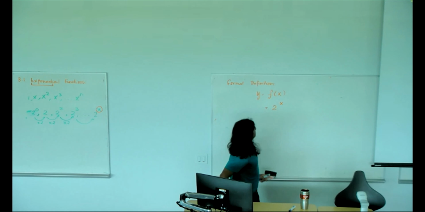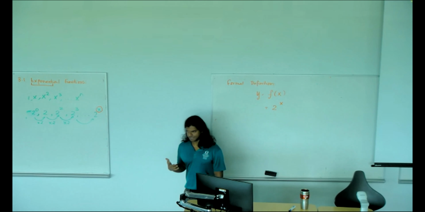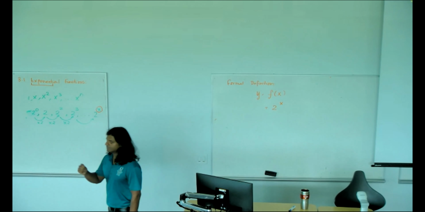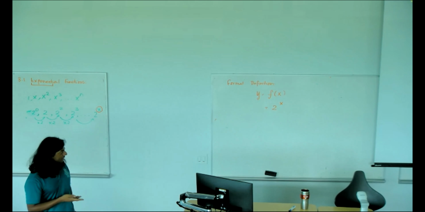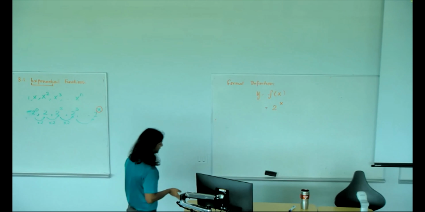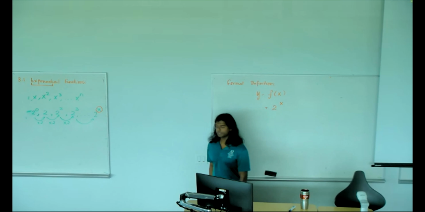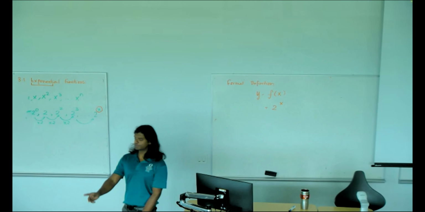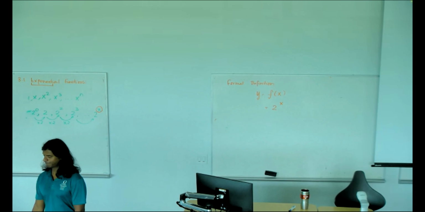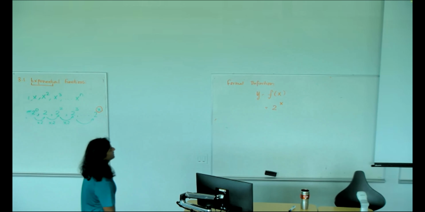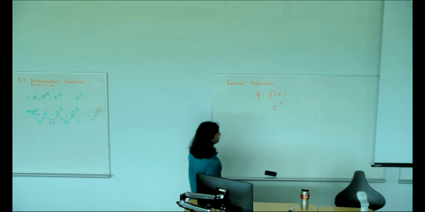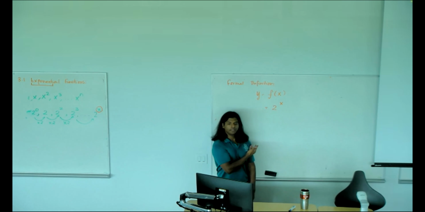Yes, that is a very specific case. I took 2, I multiplied it to itself, I ended up getting 2 raised to x. My favorite number is 2, so I'm going to do 2. Stephanie, what's your favorite? 7. You can multiply 7 to itself x number of times, you can get 7 raised to x.